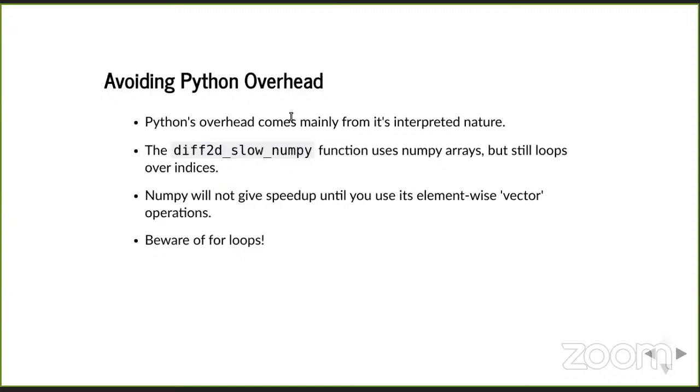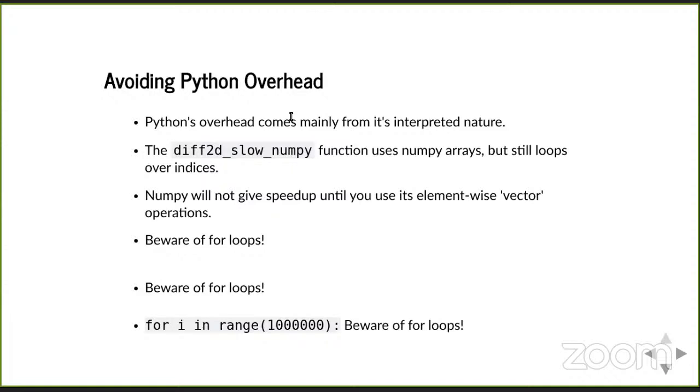If you use for loops, every time you enter that for loop, it has to reinterpret that line. There's no escape, right? So be aware of for loops, say it a million times, be aware of for loops. It's the for loops that kill you. You have to do vector operations.